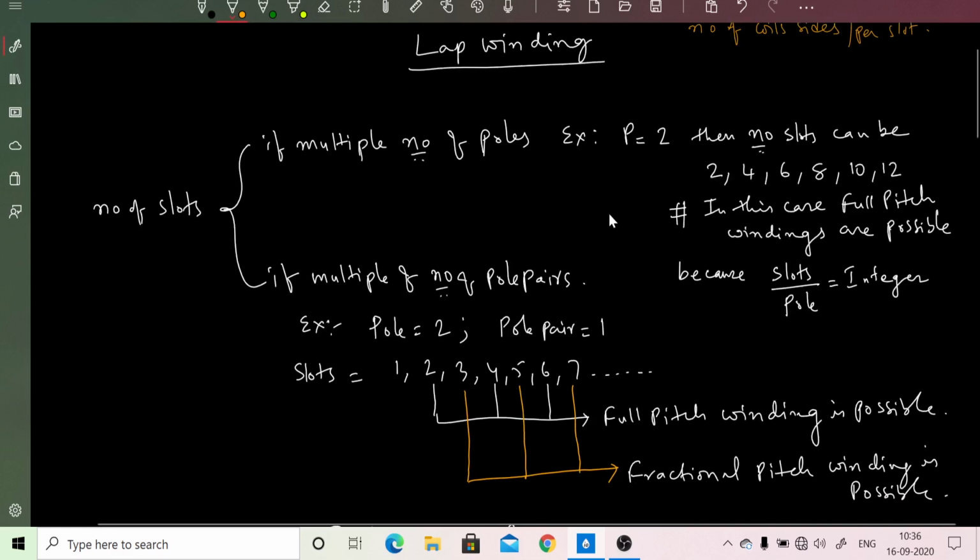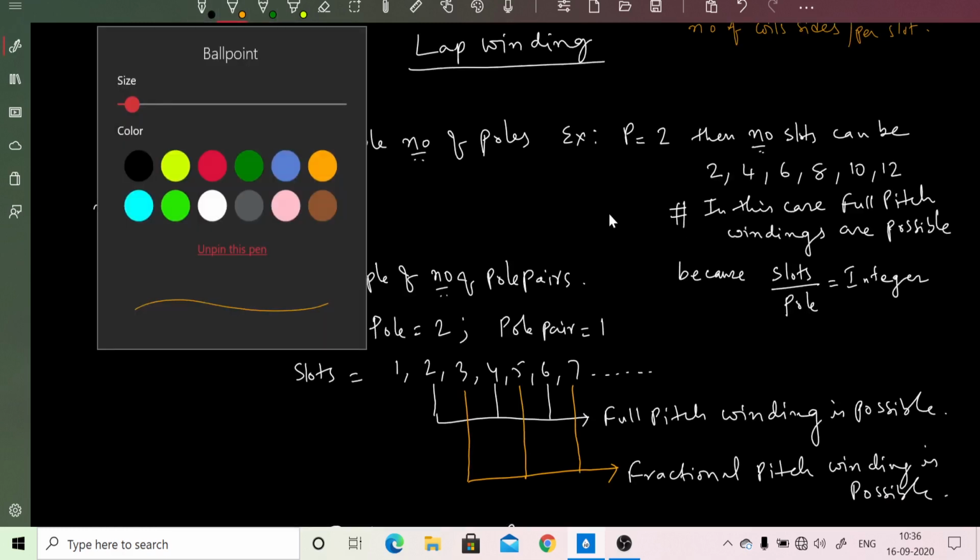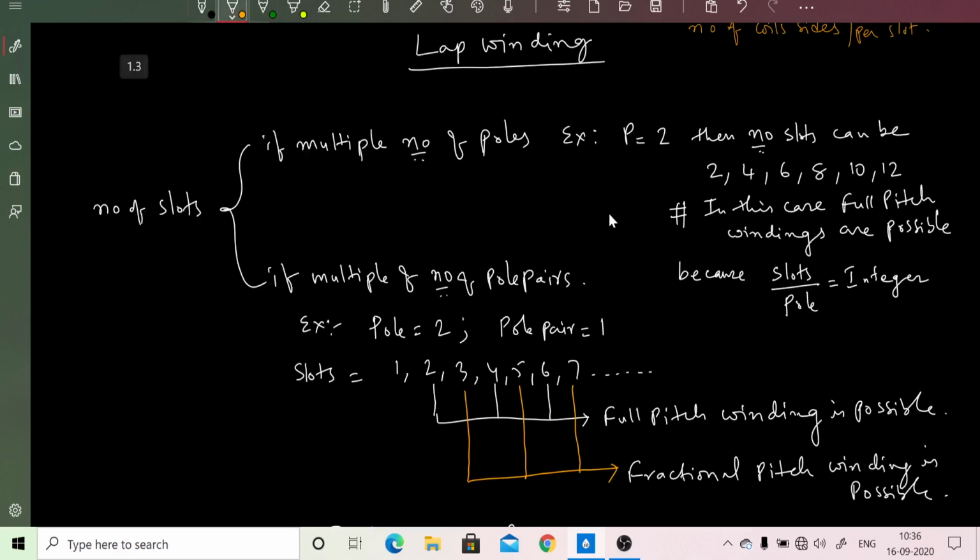Now, before I go ahead, we will discuss the choice of the number of slots in a lap winding DC machine. Okay, normally the number of slots is chosen as a multiple of the number of poles, or a multiple of the number of pole pairs.